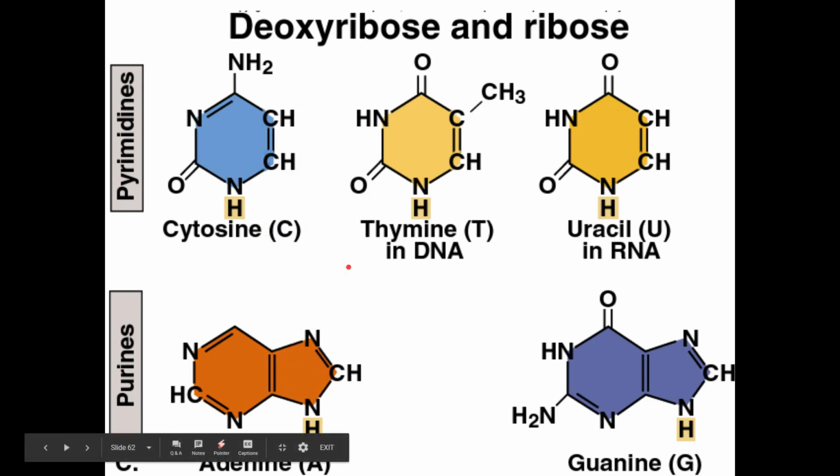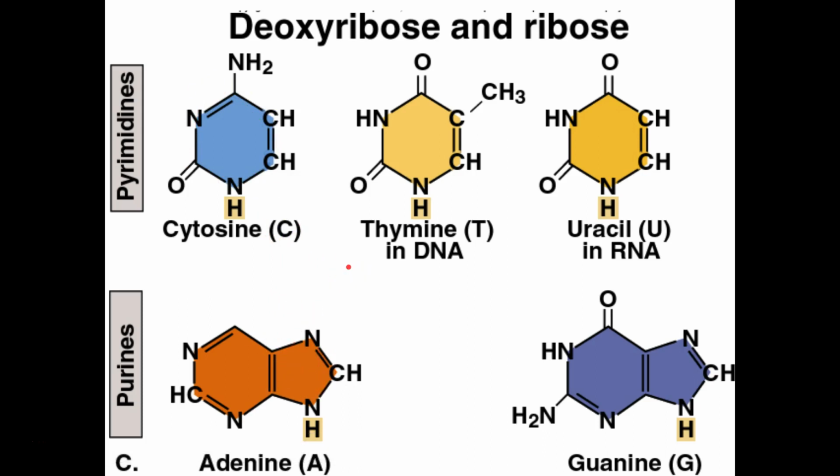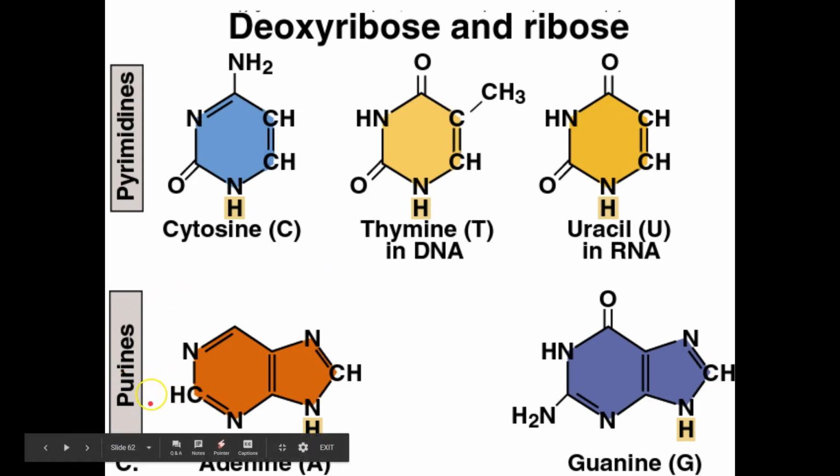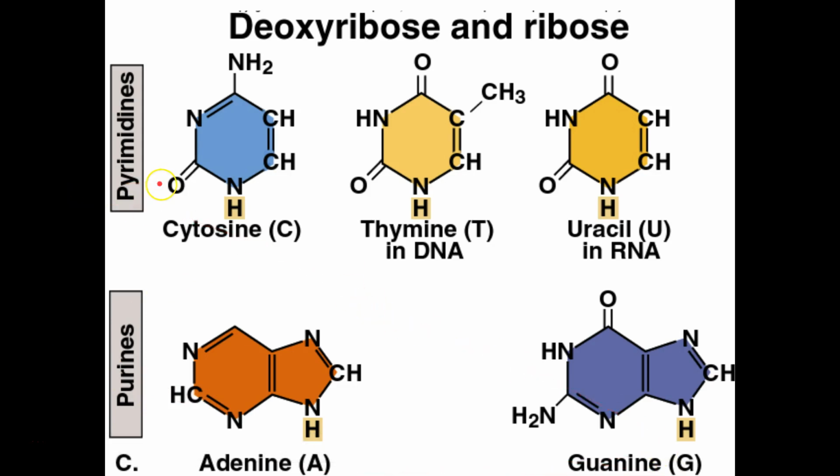So the way I always remembered this in biochemistry was pure as gold for purines. So pure from the purine, as gold for A and G, and then PYCUT for the pyrimidines. So PYCUT are those pyrimidines. I won't ask you for the shapes of these or anything like that, but I might ask you, hey, what's a purine? What's a pyrimidine? What are the differences? What are the similarities?